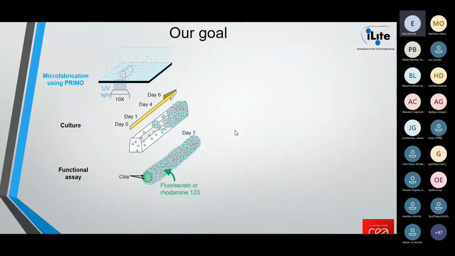For the methodology, we are using a PRIMO system for the microfabrication. We select different natural matrices that are photopolymerizable, and we mix them with the cells, the cholangiocytes, which are responsible for the bile duct system.